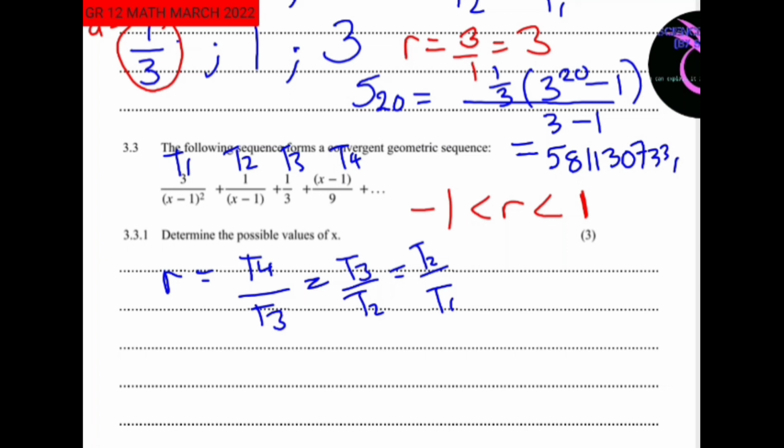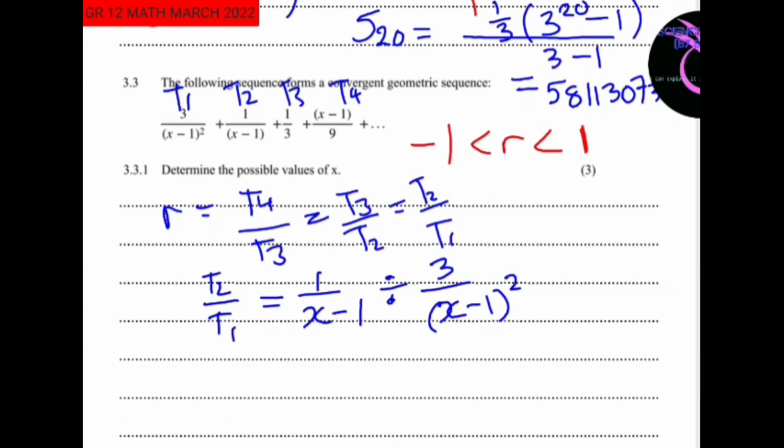T2 over T1. The T2 value is 1 over x minus 1. When you're dividing expressions, I normally prefer to write the division sign like this. Don't make the sum very complicated. The T1 value is 3 over x minus 1 squared.